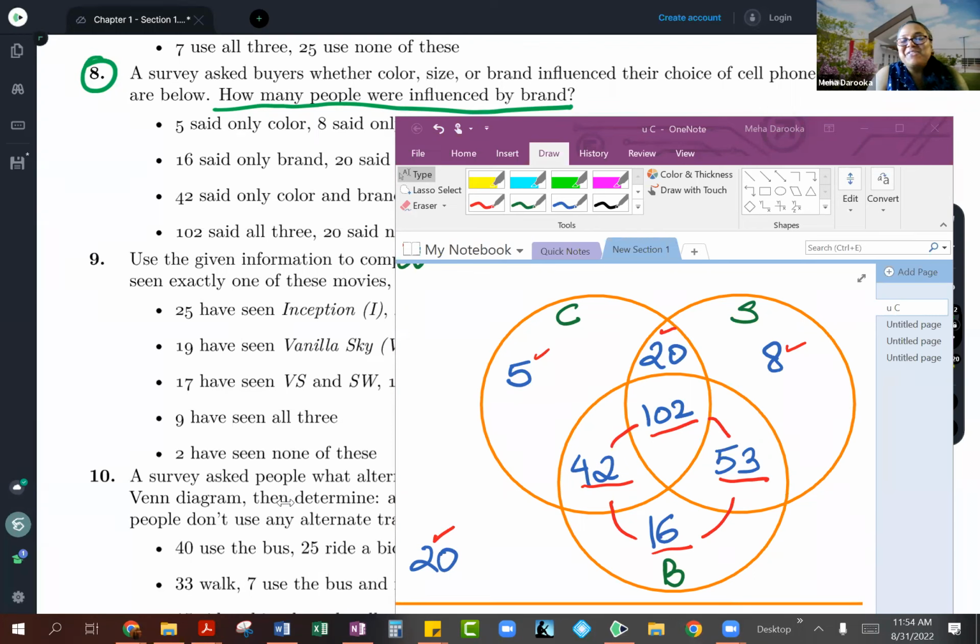No worries. So that's what you are doing, because they are just saying how many were influenced by brand. That doesn't mean you cannot include people who also were looking at size and color. As long as brand was one of the things they were looking at, it becomes part of the answer. Everybody okay with that? Alrighty.